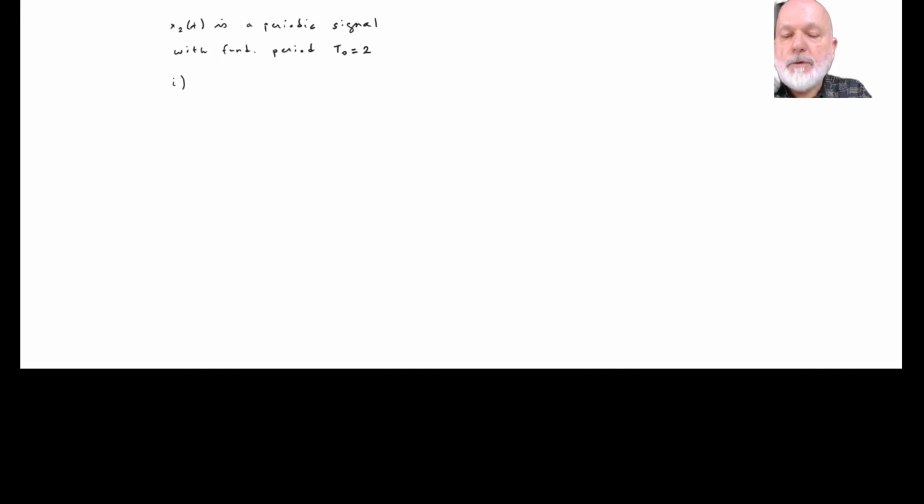Okay, the first information is the following. x2 of t is real valued and odd. So it is a real value signal, but also it is an odd signal. That means x2 of t is equal to minus x2 of minus t.